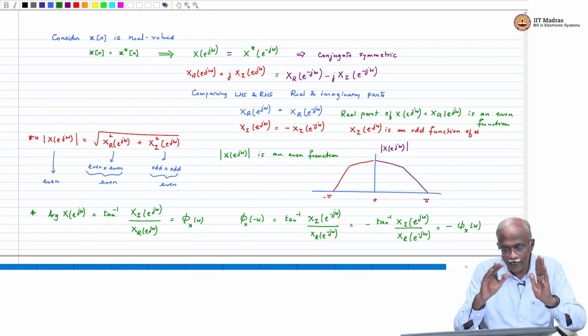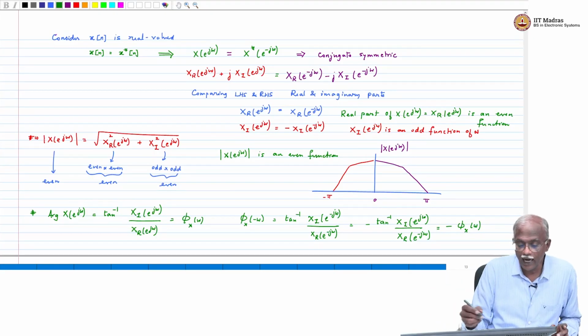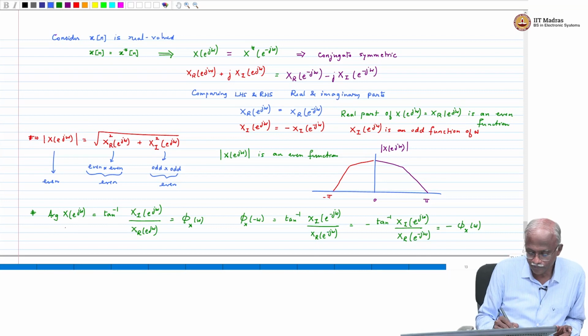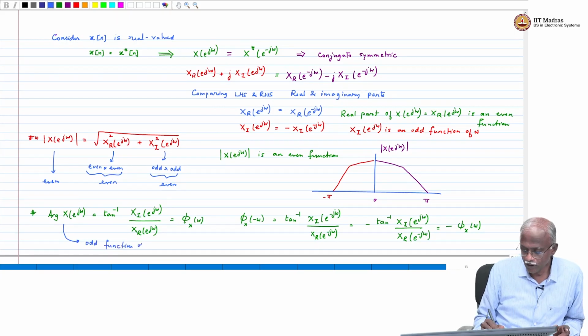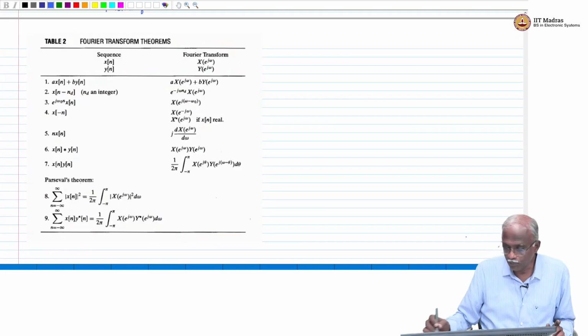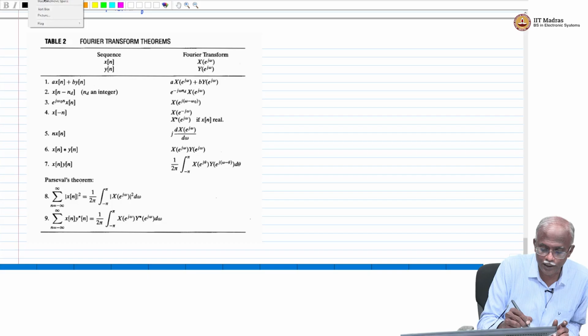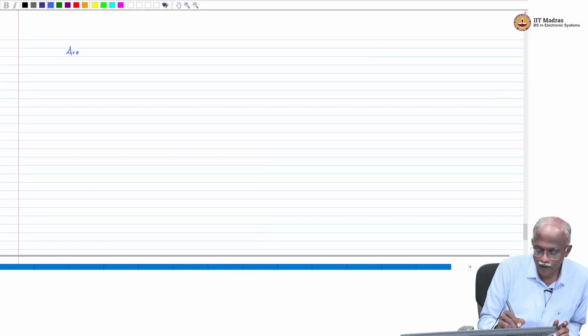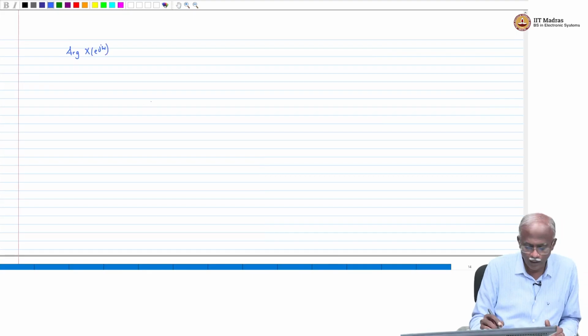So the argument is an odd function of ω.